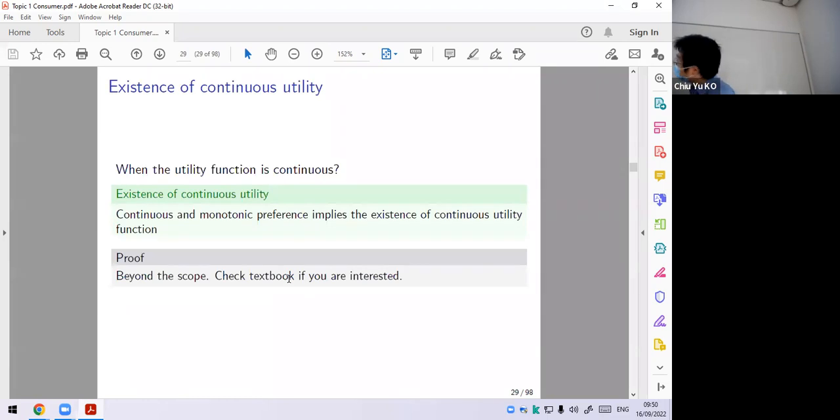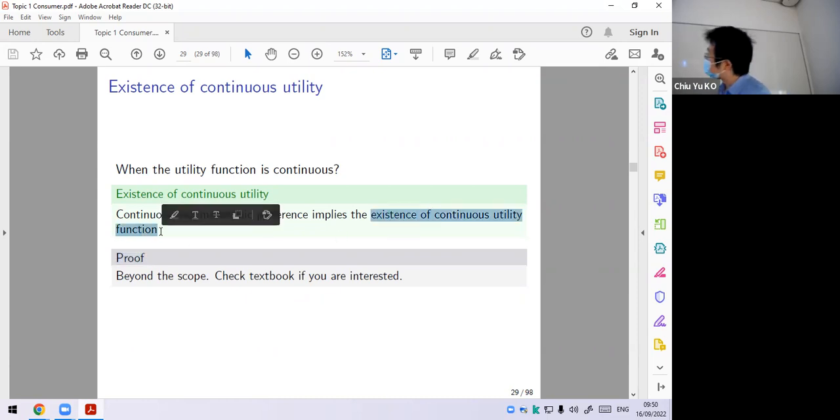Here, an additional benefit of this construction is that there exists a continuous utility function. That means for the utility we construct, we are able to use a continuous utility function to represent it. So that solves the problem, because we always assume continuous utility.